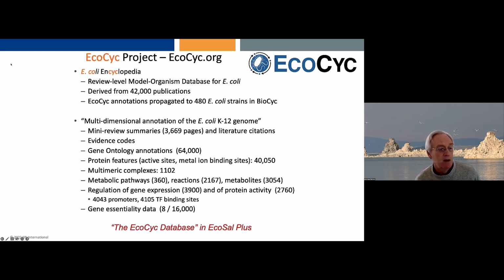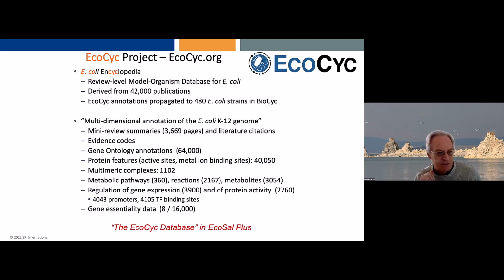For example, we started this a year or two ago for E. coli, to propagate annotations from the highly curated K12 strain within EcoCyc to the 480 other E. coli genomes in BioCyc. That propagation is done based on orthologs that we've computed between the genes in these different strains. And we're now starting to apply that procedure to other BioCyc genomes as well.